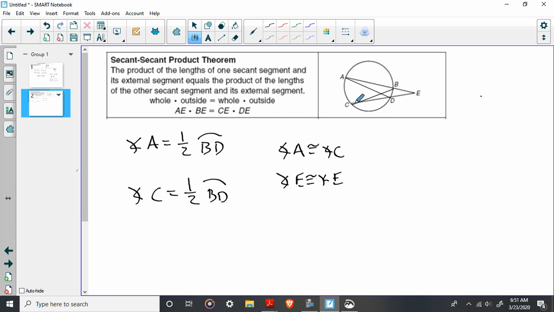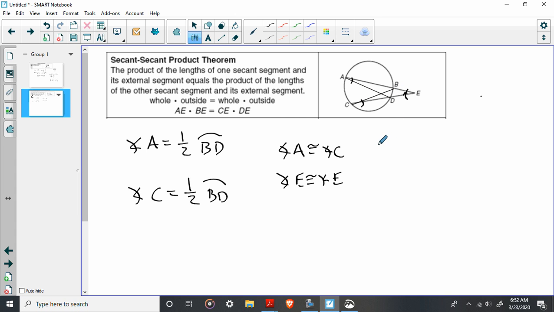So if you see, C and E are the same for this triangle, and over here we have the same thing. We have these are the same, right? And so therefore, if they both have this one in common, then they're congruent. Again, you could prove that D and B, these angles, are congruent as well. You can draw a little tiny chord in there and prove them, but we'll save that for another day.